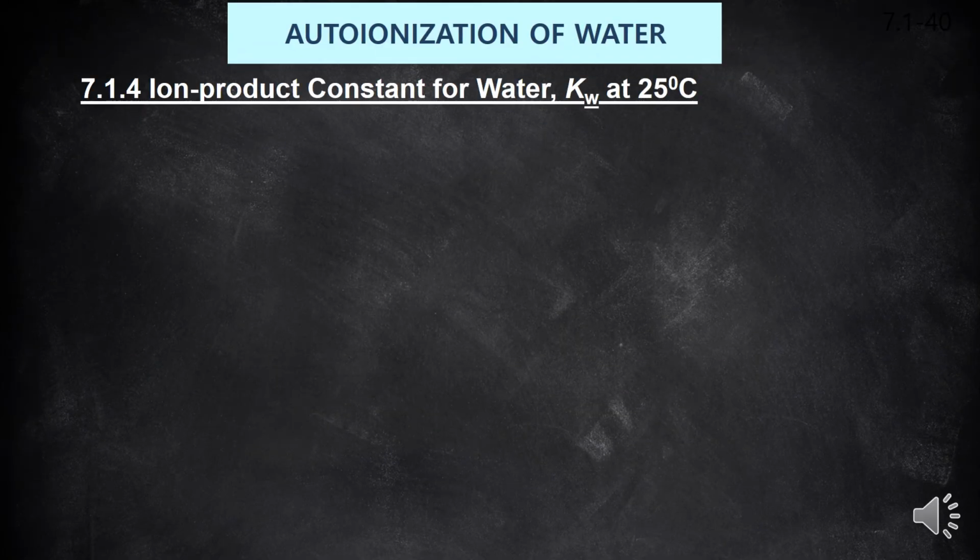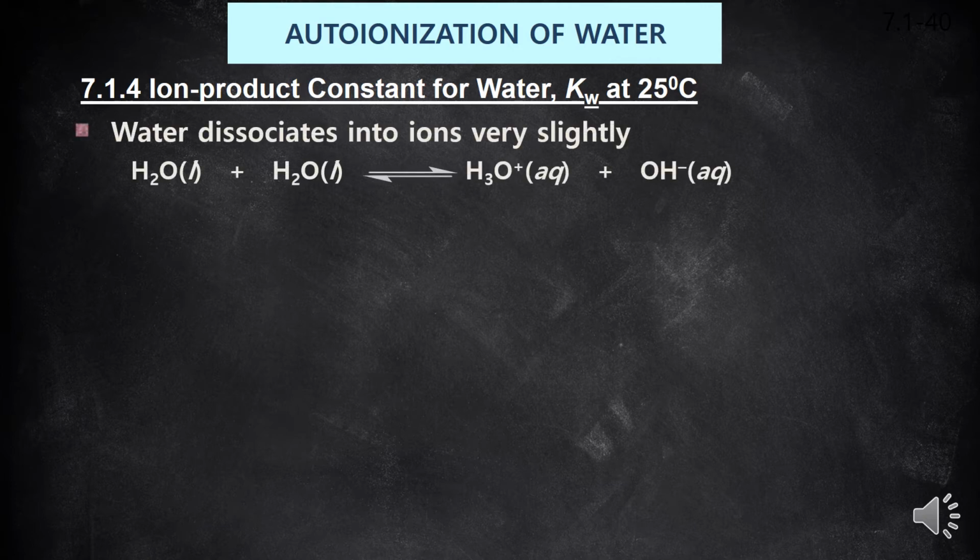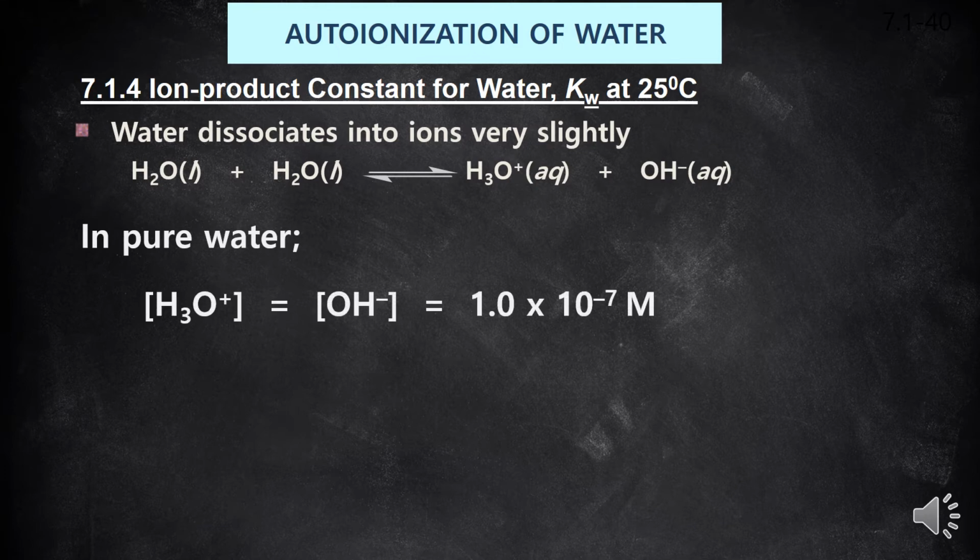Auto-ionization of water. Water undergoes auto-ionization according to the following equation. In pure water, the concentration of hydronium ion and hydroxide ions are equal to the value of 1.0 times 10 power of -7.